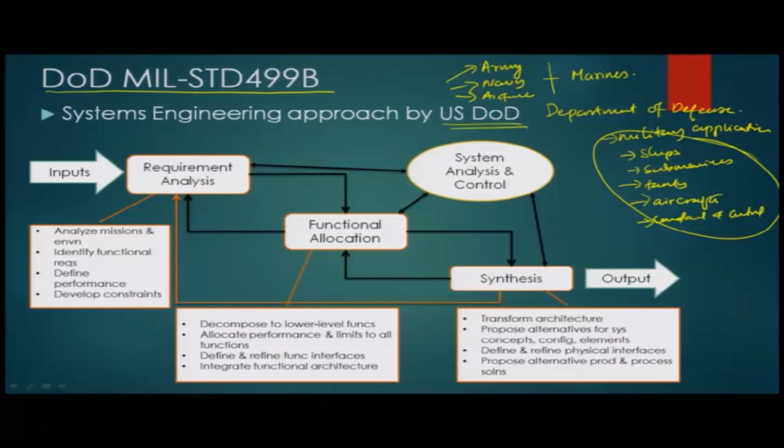So, the input is where, as we talked about, the need plus technological advancements come in. From there the requirement analysis happens, and from the requirement analysis the function allocations. We talked about this loop as the functional analysis loop earlier. Then from functional analysis we go to the synthesis loop, which we also call the design loop, and then from the design loop we have what we call the verification and validation loop.